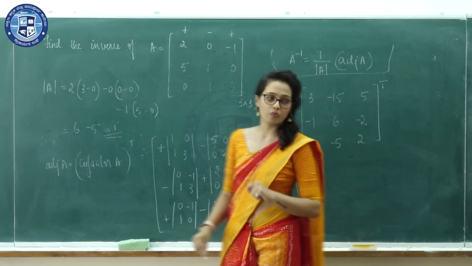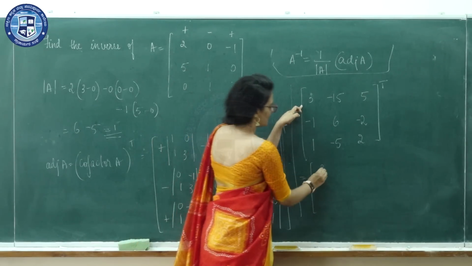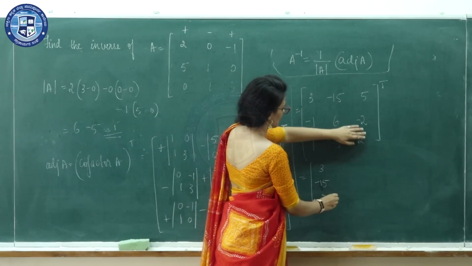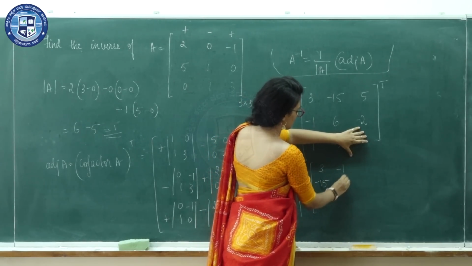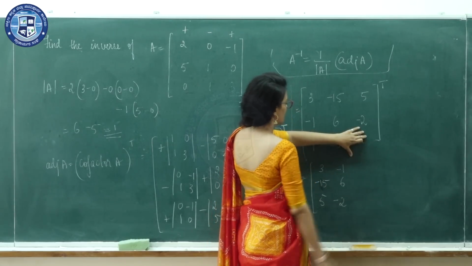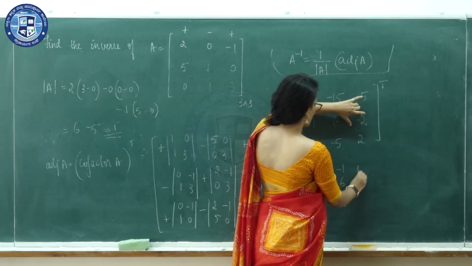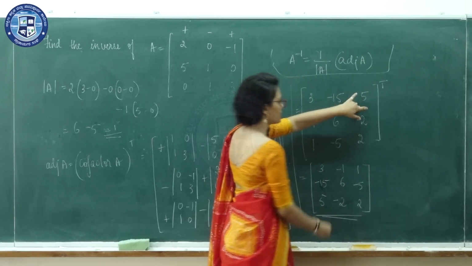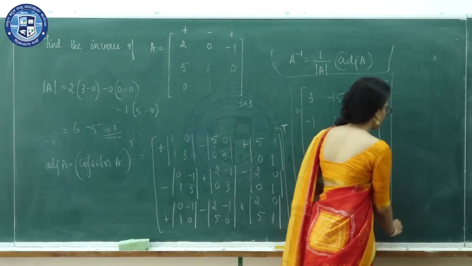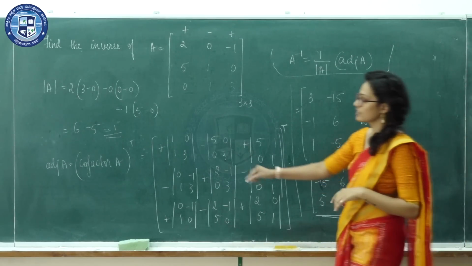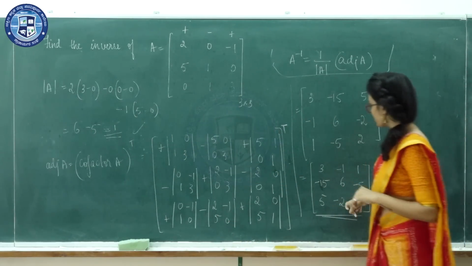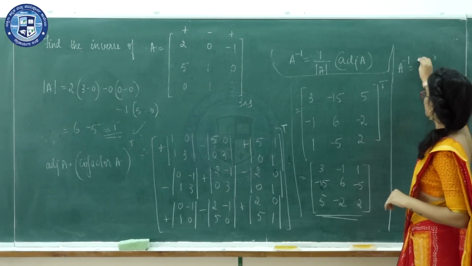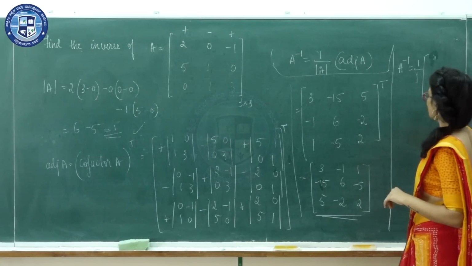So first row becomes the first column. So 3, minus 15, 5. Second row becomes the second column, minus 1, 6, minus 2. Third row becomes the third column, 1, minus 5 and 2. So this is the adjoint of A. Now if we substitute the value of determinant of A, that is 1, and adjoint of A in the formula, we get A inverse is equal to 1 by 1 into this matrix.